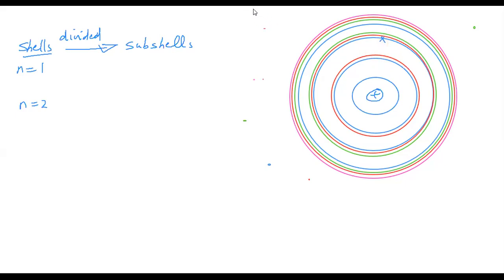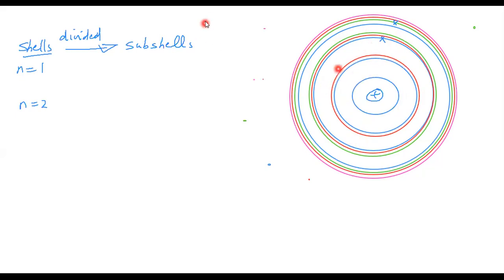Or if I have an electron present here in this subshell, we say that this electron is present in the fourth shell in the second subshell. So there will be a little bit of confusion when I give the number of shells in numbers and the number of subshells also in numbers.